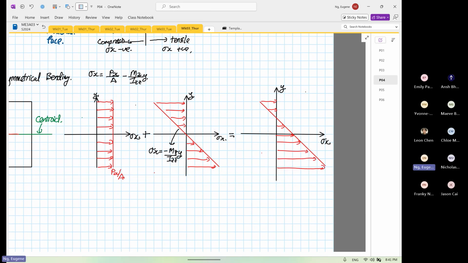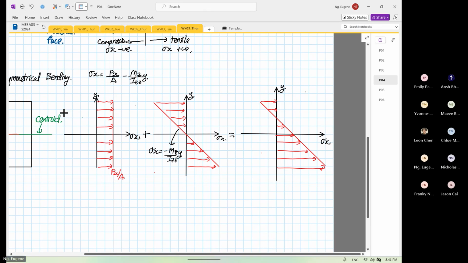So when that's the case, this is now the position of our neutral axis. So I'm going to draw a straight line, starting from here.